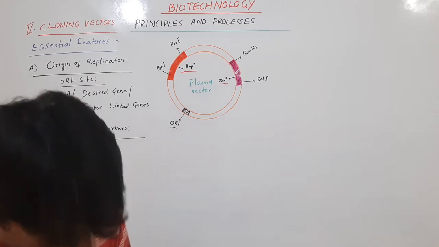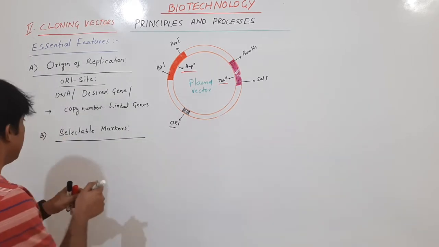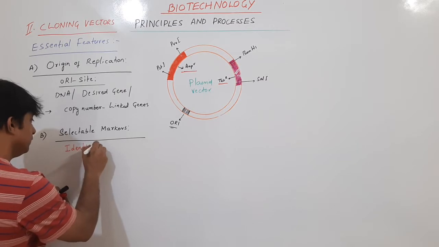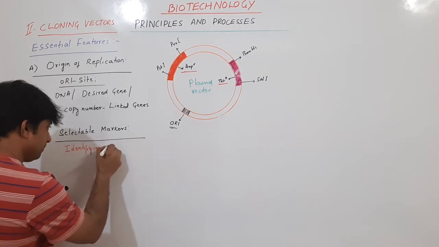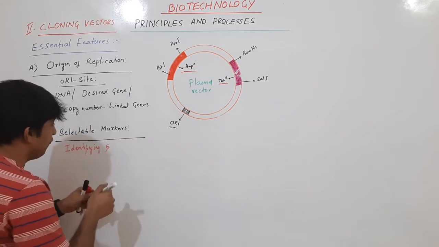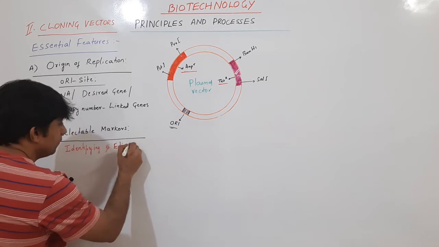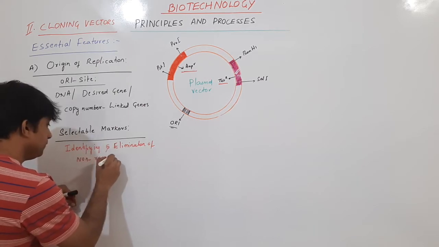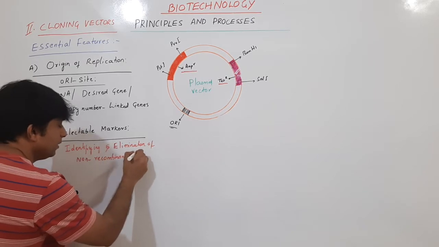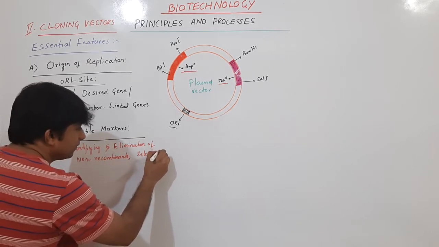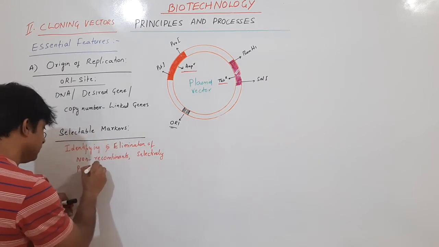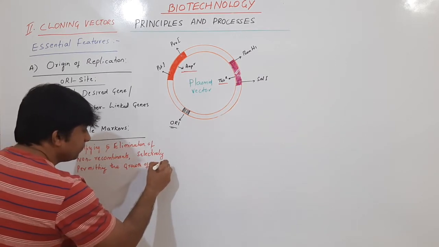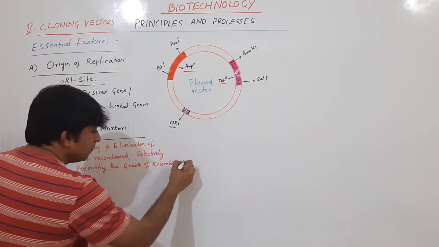Mostly these selectable markers help in identifying and elimination of non-recombinants and selectively permitting the growth of recombinants.